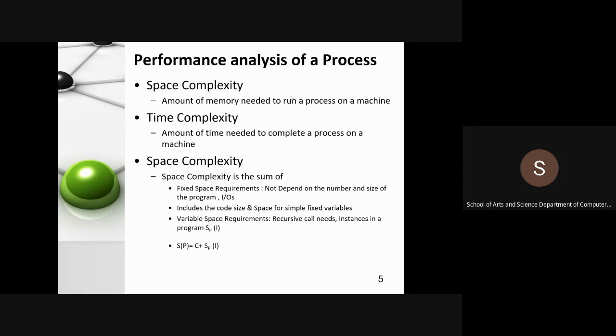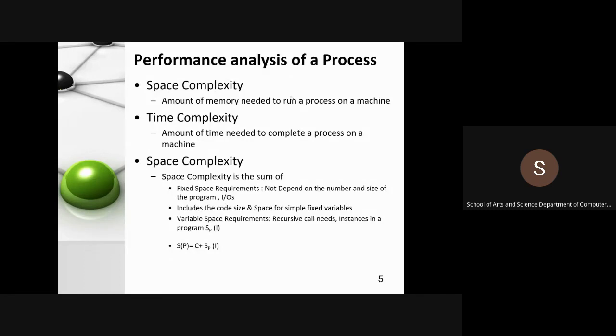You see, for a process, there is some fixed space requirement on the memory. So what are the fixed space requirements? The code size, the process size, and space needed for the fixed variables used in that process. Space complexity is of two kinds. We call them fixed space requirement and variable space requirement.